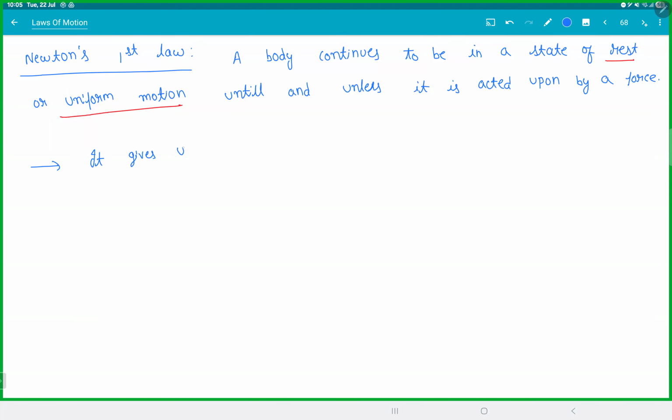So the first law tells us something about inertial frame. And it also talks about something called force, which is responsible for moving things. So until unless you apply force, things are not going to move. Clear? Now, there are four types of forces that we have.